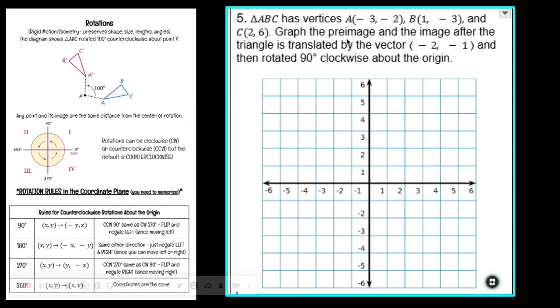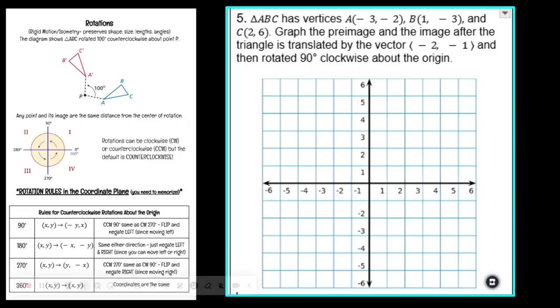We need to graph the pre-image and the image after the triangle is translated by the vector -2, comma, -1, or left 2, down 1, and then rotated 90 degrees clockwise about the origin. So we have a couple of steps here. One, we're going to plot our pre-image, our triangle ABC.